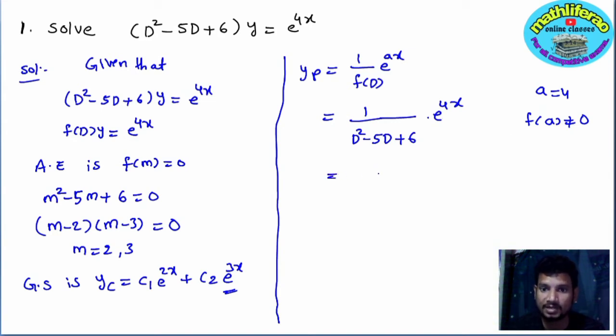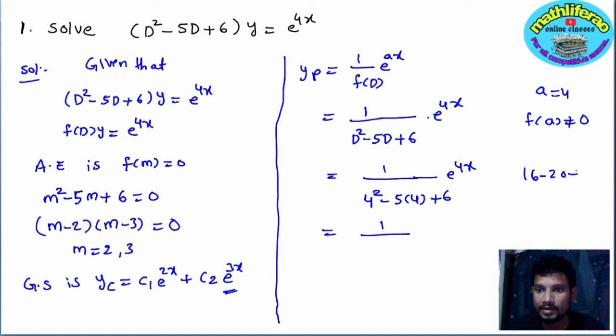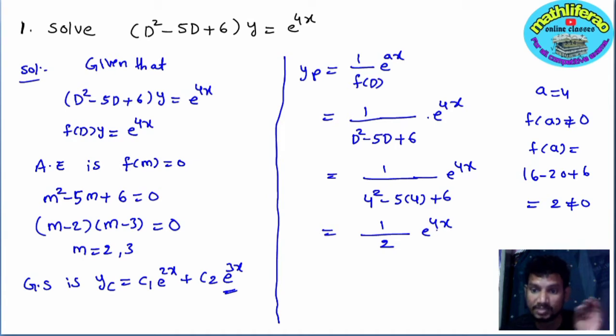So first replace that 1 by 4 square minus 5 into 4 plus 6 e to the power 4x means 1 by 16 minus 20 plus 6 equal to 22 minus 20, that is 2, not equal to 0. This is the f of a not equal to 0. అంటే 1 by 2 into e power 4x. This is the first case, f of a not equal to 0.